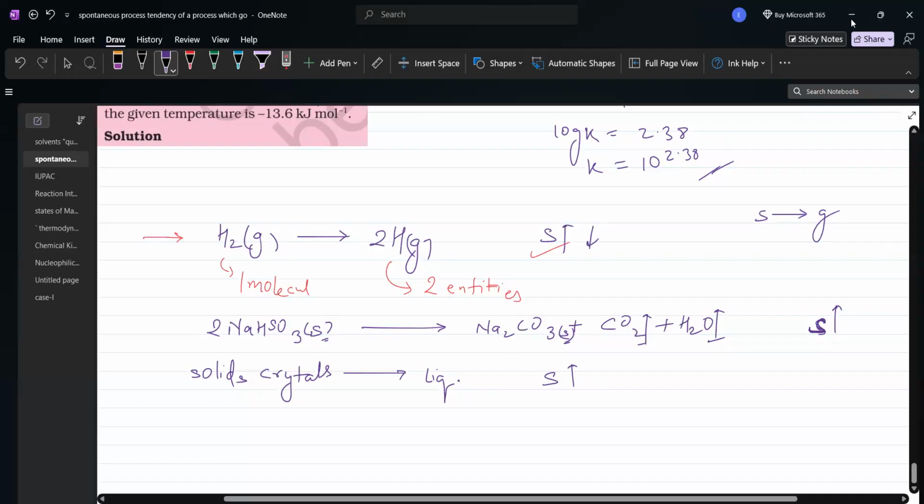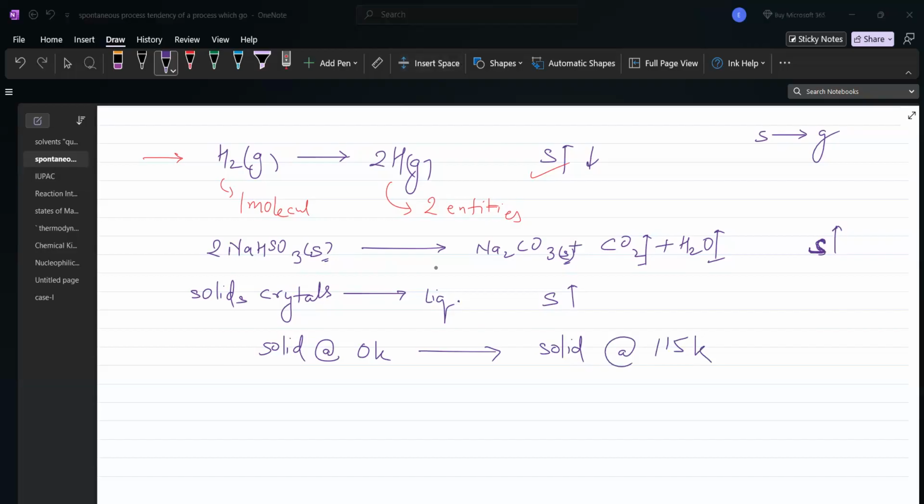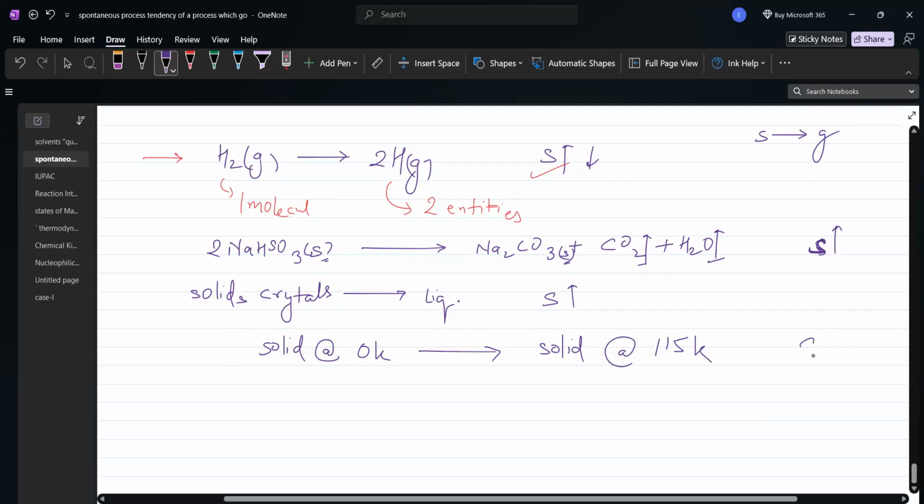Another good example which was in homework is a solid at 0 Kelvin. The process is solid at 115 Kelvin. Okay. So, Jesslyn, kindly comment on what the answer should be. Has entropy been increased or decreased?